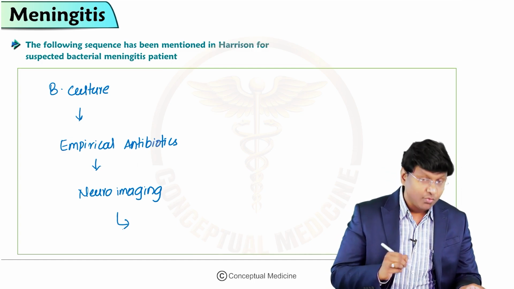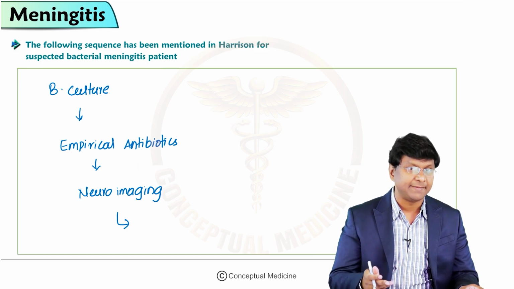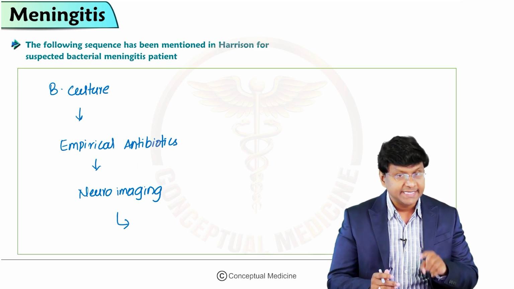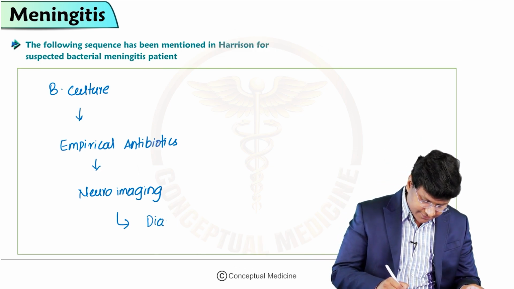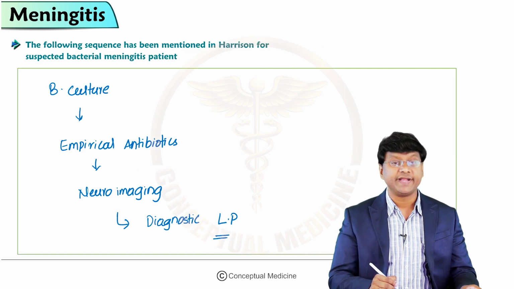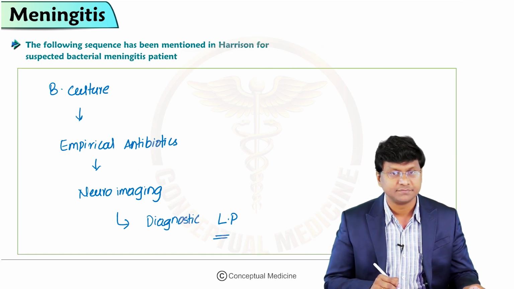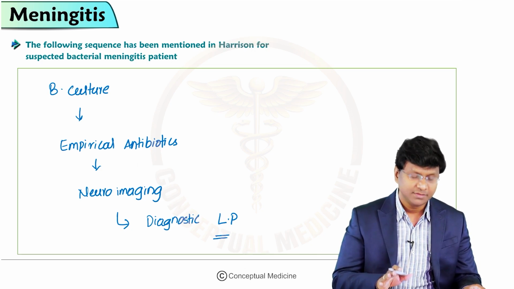And once the features of raised intracranial pressure are absent, in such a case you can do a diagnostic lumbar puncture. So that is the sequence that you have to follow in the workup of a patient with meningitis.